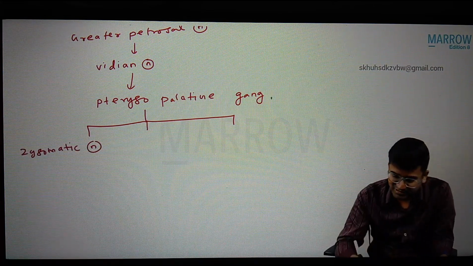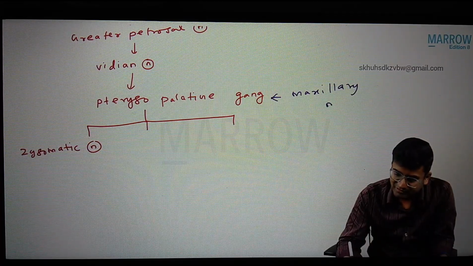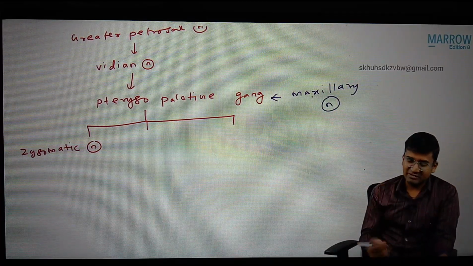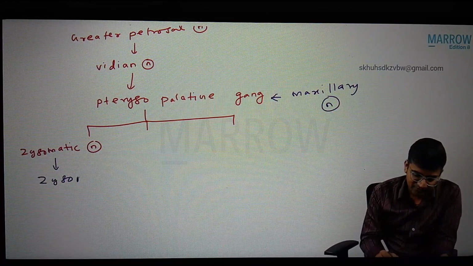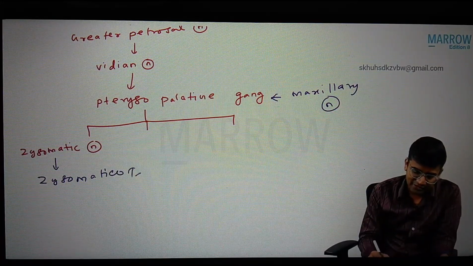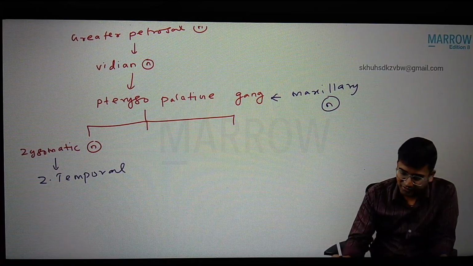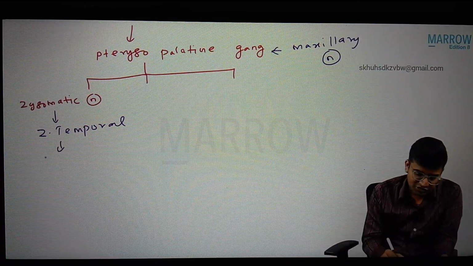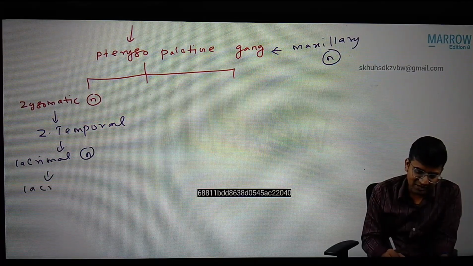The pterygopalatine ganglion is suspended by the maxillary nerve in the pterygopalatine fossa. The maxillary nerve gives the zygomatic branch, then the zygomaticotemporal branch, which joins with the lacrimal nerve, which in turn supplies the lacrimal gland.